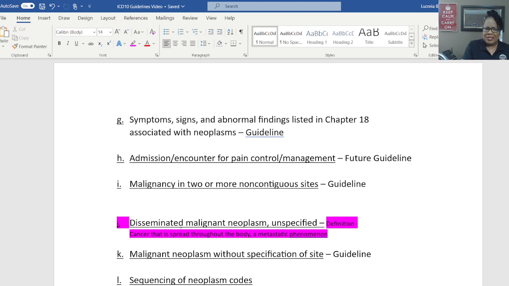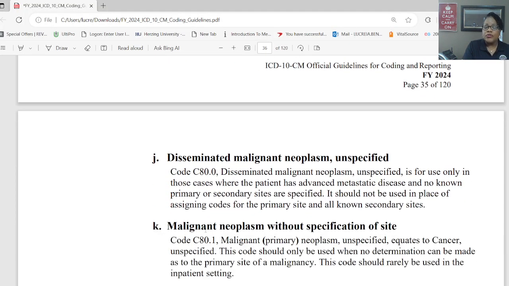And I was wondering, disseminated, the definition of disseminated is cancer that is spread throughout the body. It's a metastatic phenomenon. So let's look at J. Code C80.0, disseminated malignant neoplasm unspecified, is for use only in those cases where the patient has advanced metastatic disease and no known primary or secondary sites are specified.